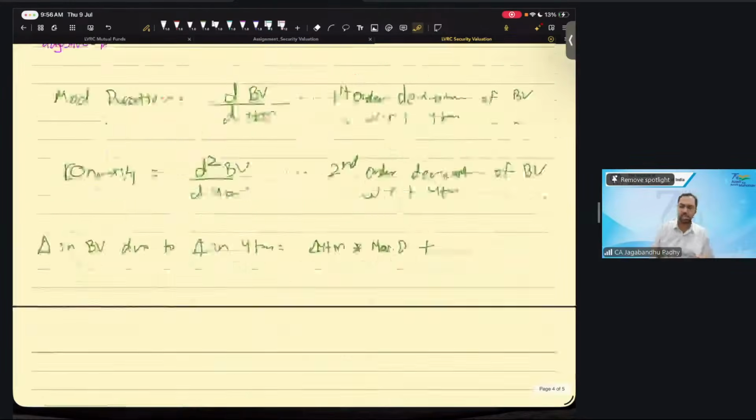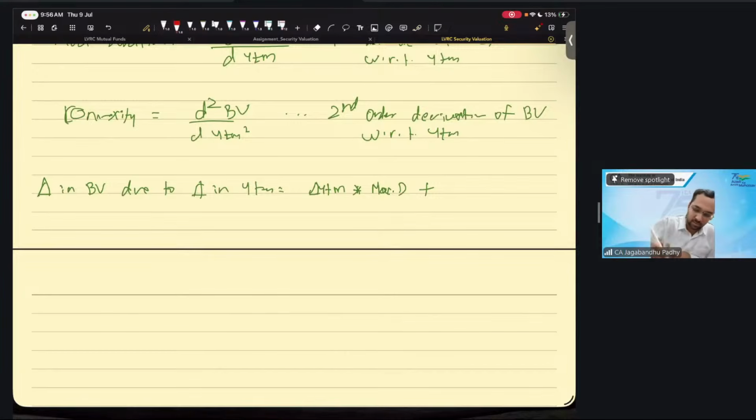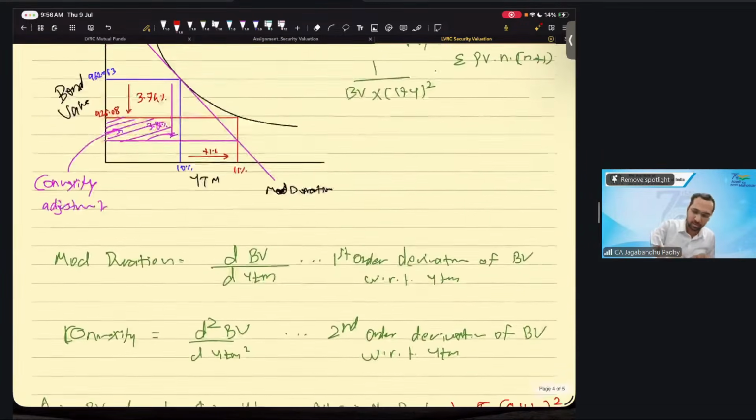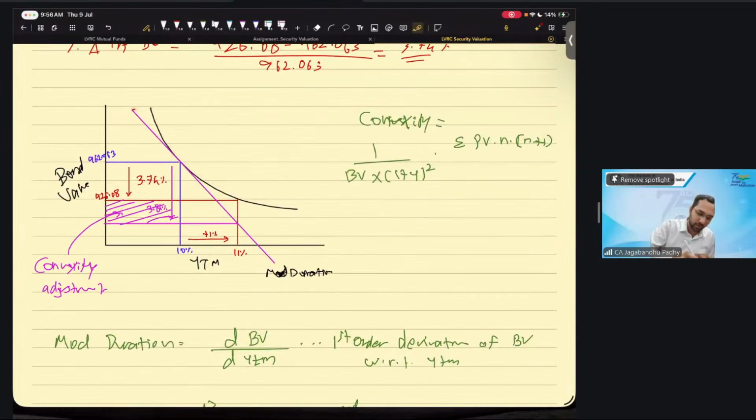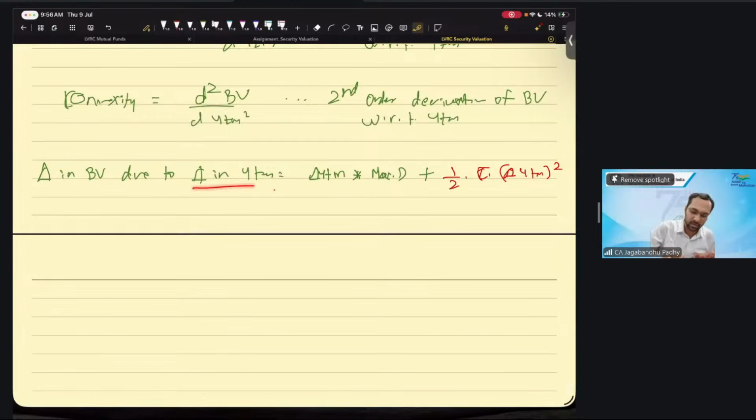So this is to be compensated by the convexity adjustment, and that convexity adjustment is half into convexity into change in YTM square. Okay, so we see that there is a curvature over here. Initially you have this straight line, then you try to bend it a bit so that it becomes closer to the actual bond curve, and that actual bond curve is going to be captured to a great extent by this convexity adjustment.